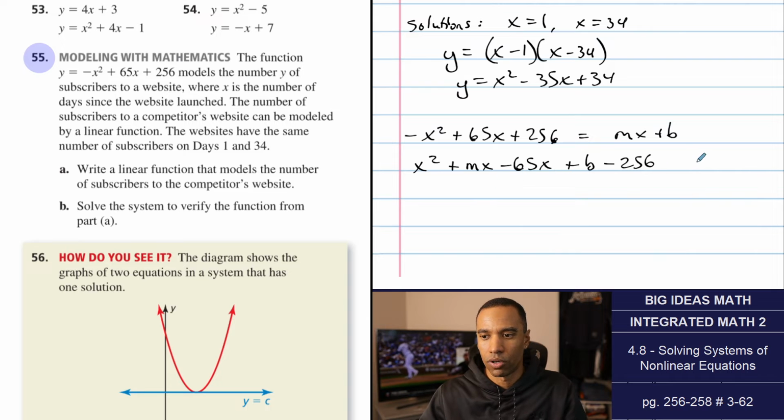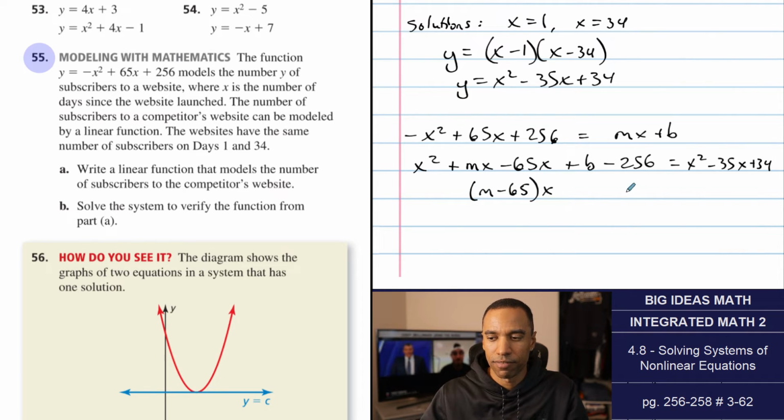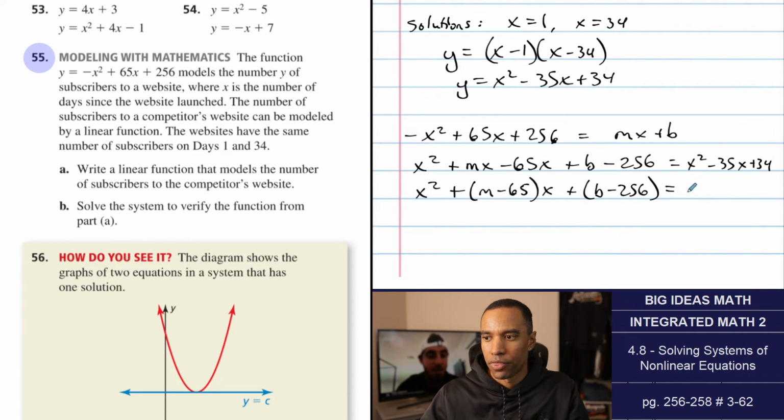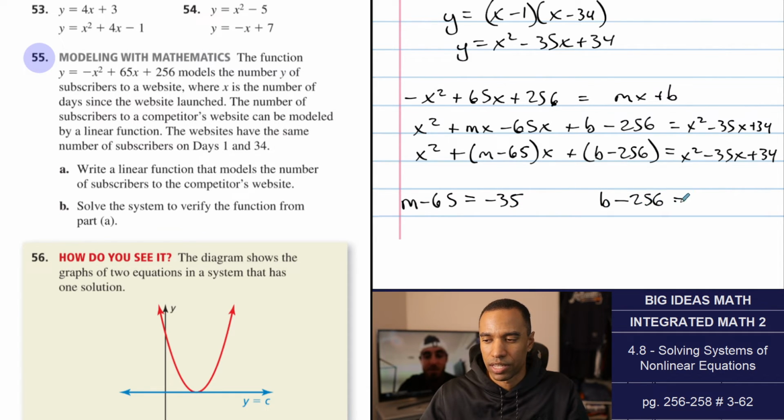This needs to equal my x squared minus 35x plus 34. In other words, this m minus 65 needs to be equal to negative 35, and this b minus 256 needs to equal 34.